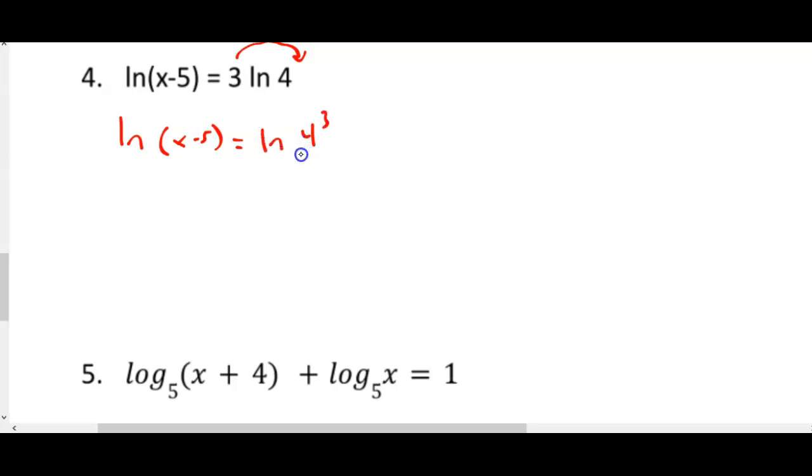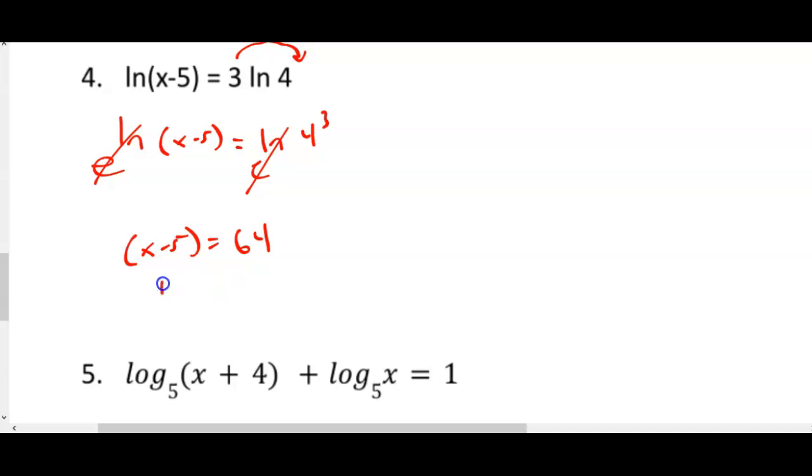Now, there's this rule, right? Well, let's just solve it using this inverse of e. So let's apply e to both sides. So you have x minus 5 equal to 4 to the third, not 4/3, oh my gosh, 4 cubed. And 4 cubed is 64.